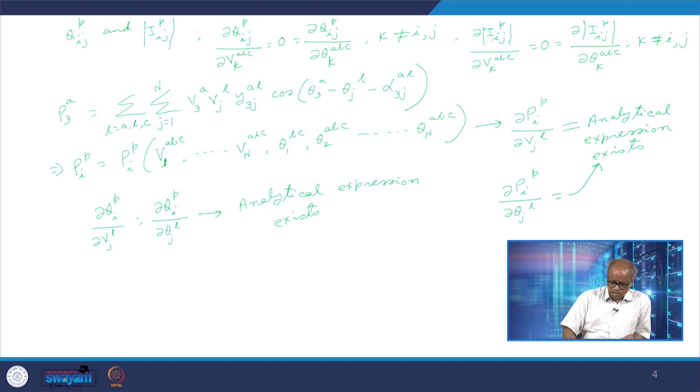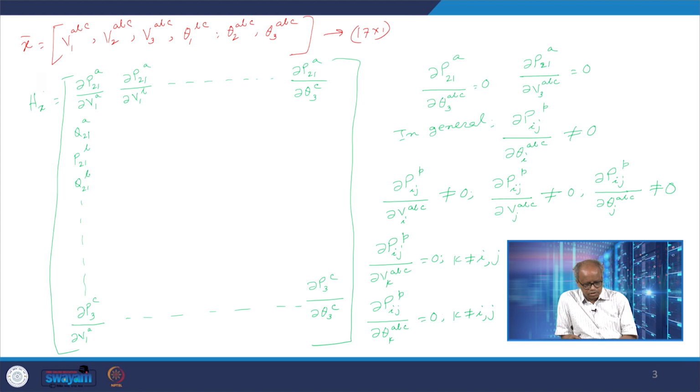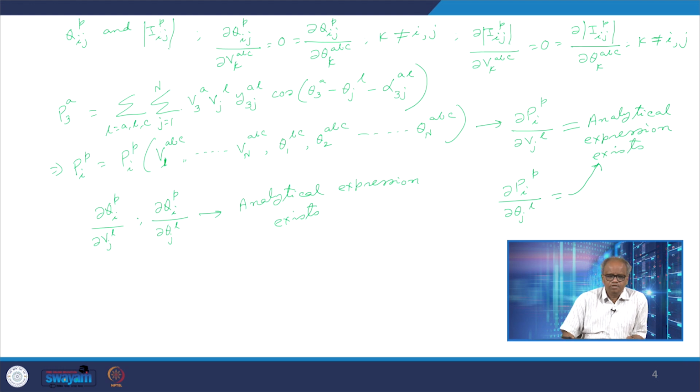So by this we find the expressions of Hx. All these expressions I am leaving as homework, because we have derived so many expressions of the Jacobian matrices when we talked about the load flow analysis. These expressions are almost identical, basically the same process, only the algebra may be a little different.